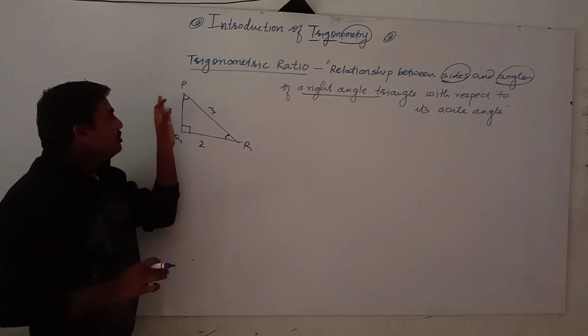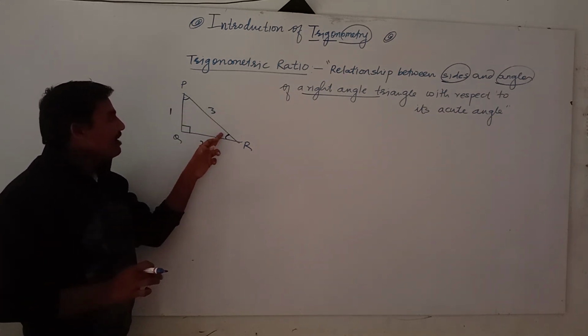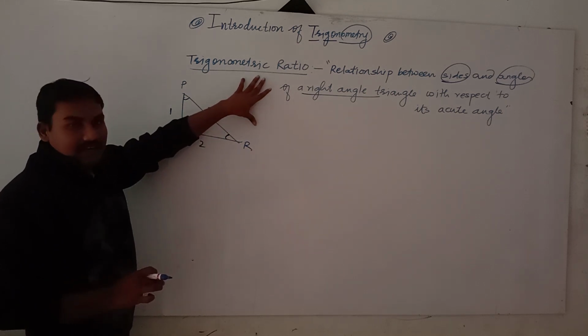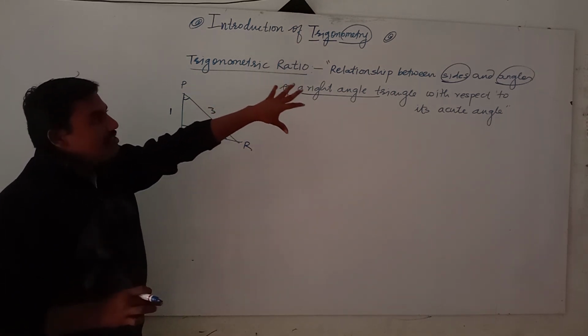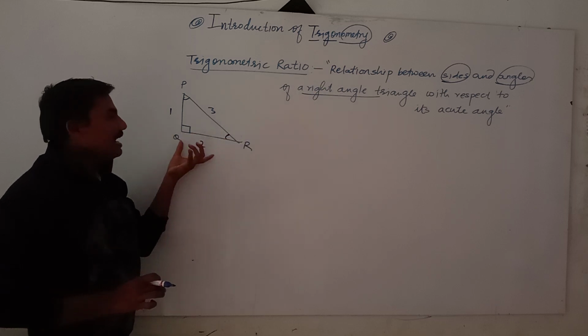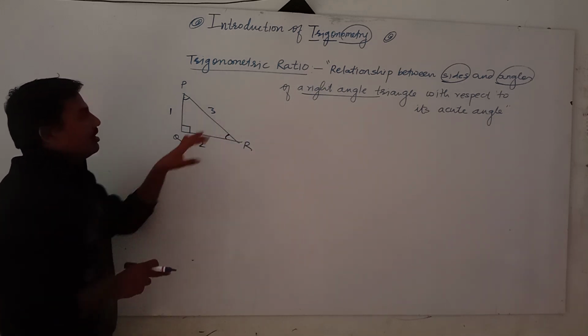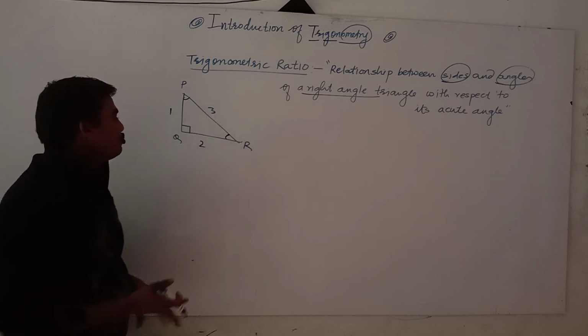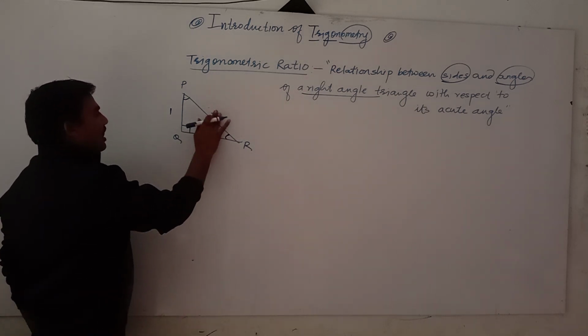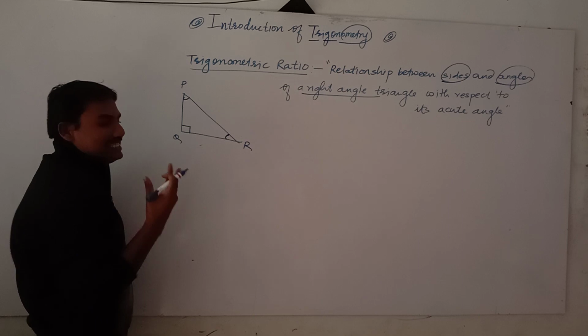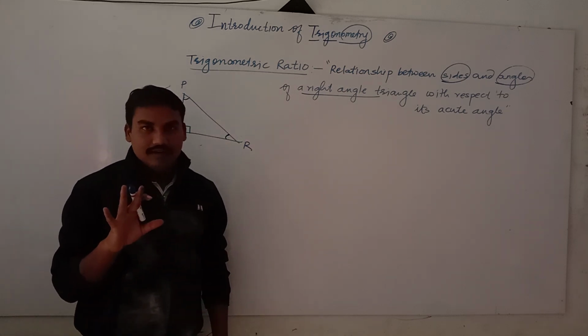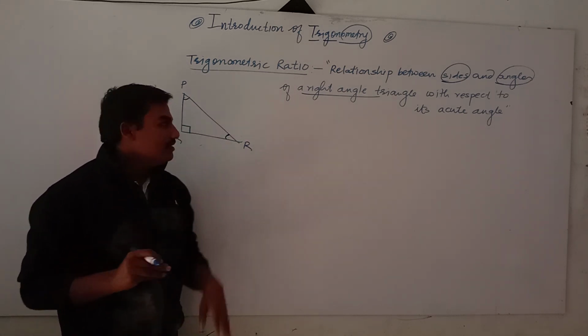Trigonometric ratios mean the relationship between these three sides and these two acute angles. How many trigonometric ratios are there? There are a total of 6 trigonometric ratios. The basic ones are the first 3.